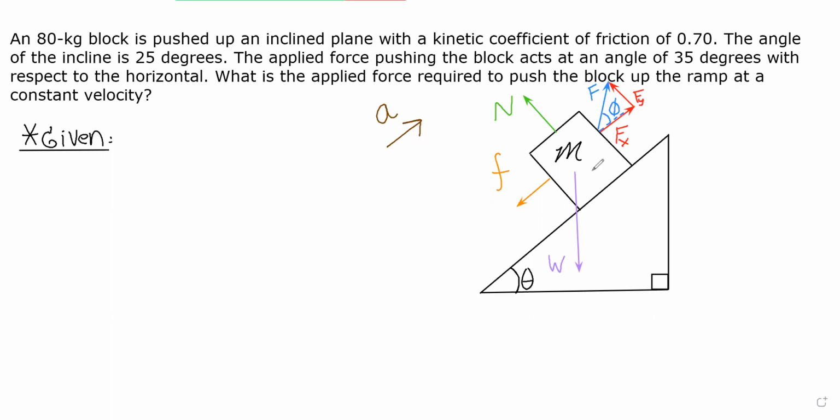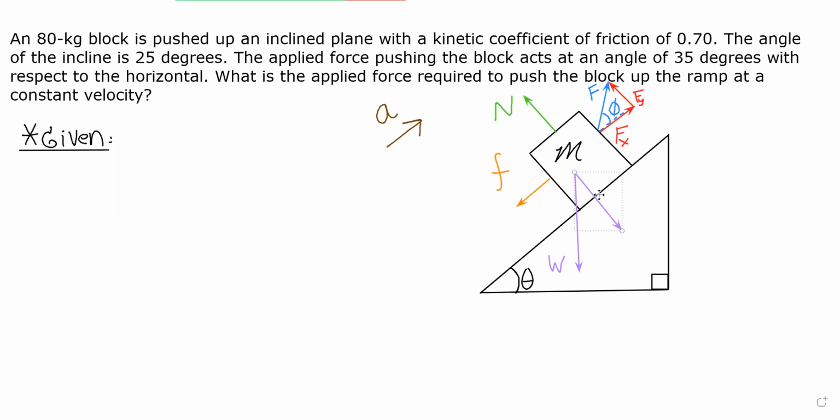But this also has components. So I'm going to break this W vector into two pieces. This is going to be the amount of weight acting in the y direction. It should be perfectly across. It should be opposite from the normal force, and it should be equal in magnitude.